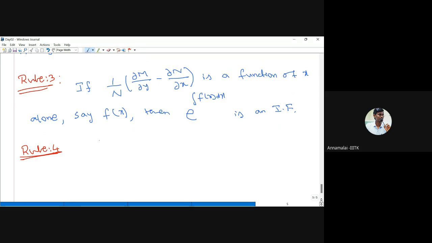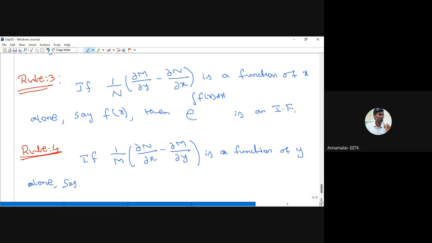Suppose 1 by M times (∂N/∂x minus ∂M/∂y) is a function of y alone, say g of y.